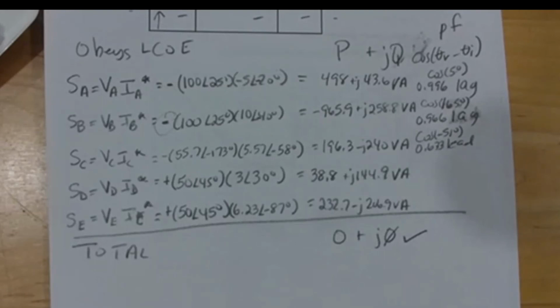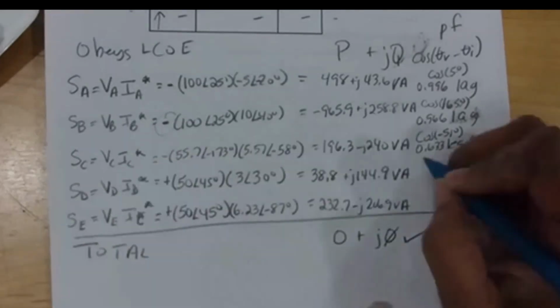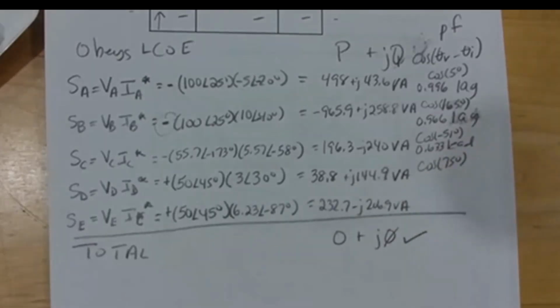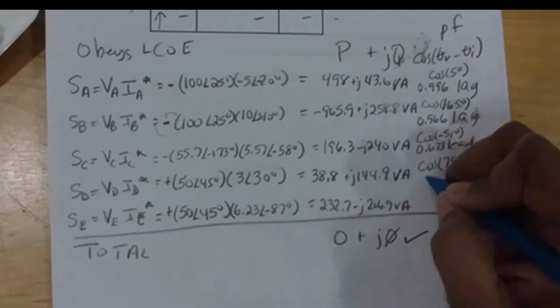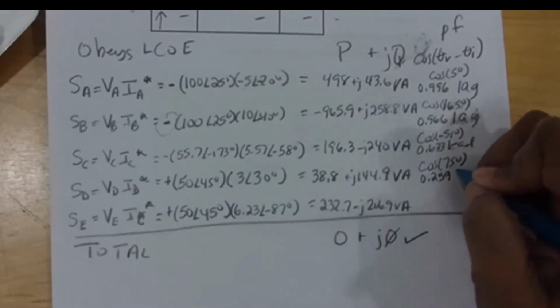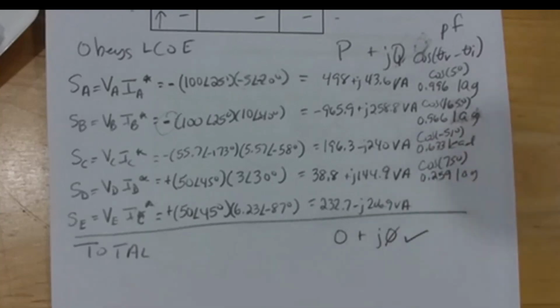The good news is the last two are positive in the front, so you don't have to do that. D and E don't have a minus sign in the front. So I'll just have 45 plus 30 is the cosine of 75 degrees. The cosine of 75 degrees is 0.259. It's positive, so that's lagging.